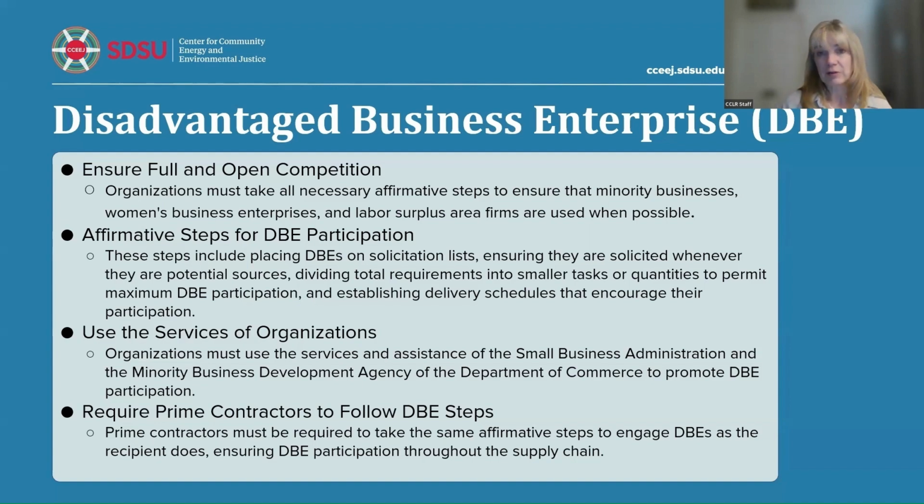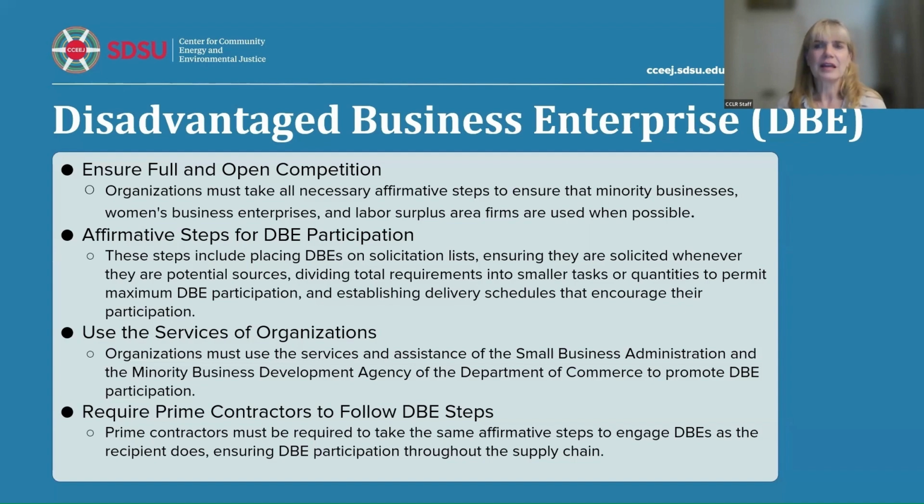Various federal awards will tell you that you must make an effort to contract with DBEs. And so these are these 4 guiding principles, if you will, to help you understand your DBE requirements. Doing also affirmative steps for DBE participation.